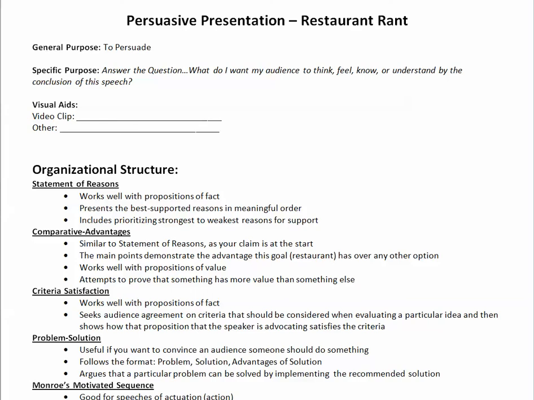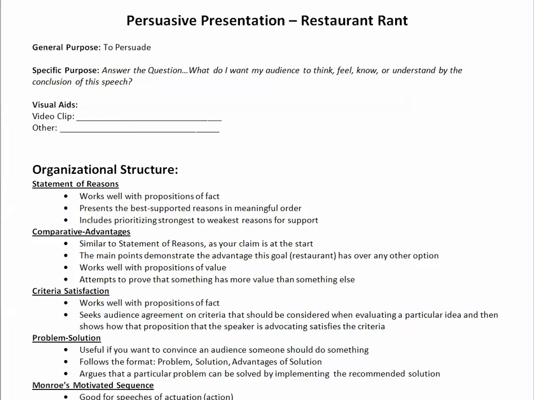And those are the general purpose, your specific purpose, what your visual aids are, and what your organizational structure is. These kind of preface or surface level pieces of information help me understand where you're hoping to go with any message. So if you look back to even our first presentations, these were some of the things I asked you to share before your outline.